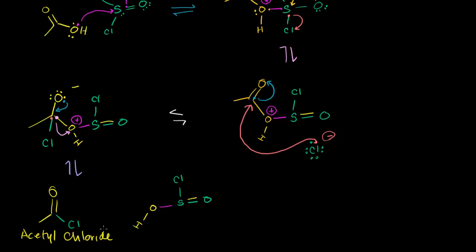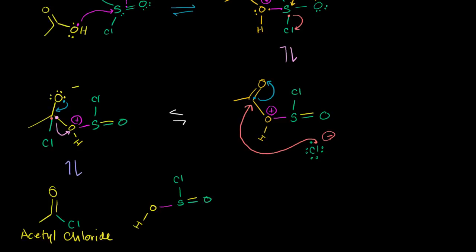And we've really finished with the hard part of the reaction, to see how you could get an acetyl chloride. And then to complete this reaction, because if you actually perform this in a beaker, you'll end up with some hydrogen chloride and some sulfur oxide as a byproduct.